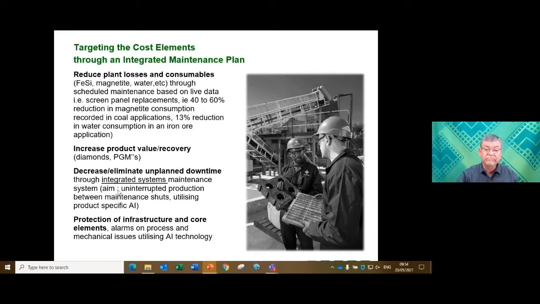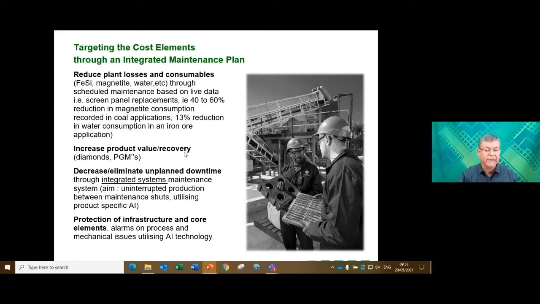Just to mention one or two examples: the tramp metal in cyclones. If you can catch that at the opportune time, identify it fast enough, act fast enough, there's a huge cost saving in the damage that can be incurred in the plant, and that is purely from a maintenance point of view.